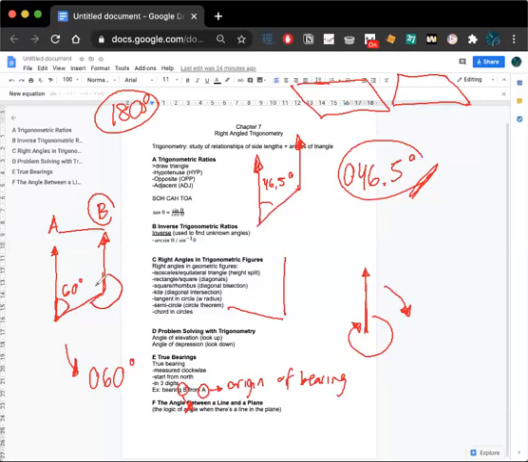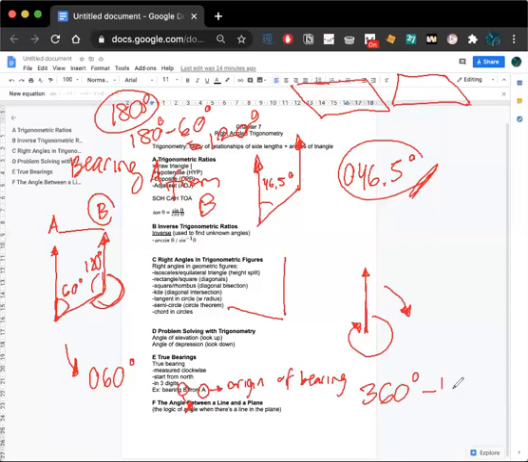That gives you 180 minus 60 degrees, which equals 120 degrees. And to find the bearing of A from B, you do 360 degrees minus 120 degrees, which would be 240 degrees.